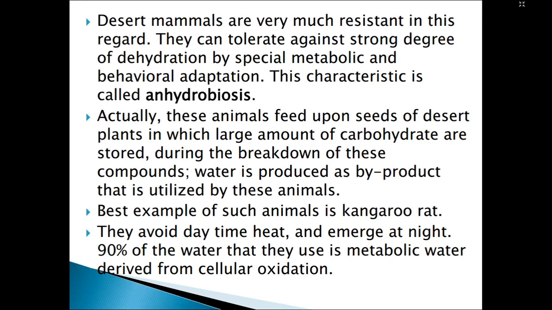During the breakdown of these carbohydrates, water is produced, as I told you earlier, as a byproduct during the phenomena of assimilation that is utilized by these animals. The best example of such animals is kangaroo, rat.